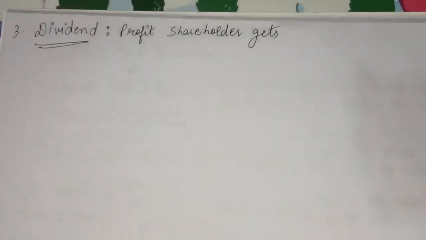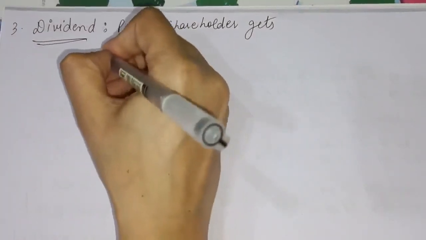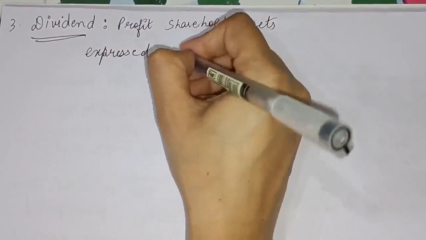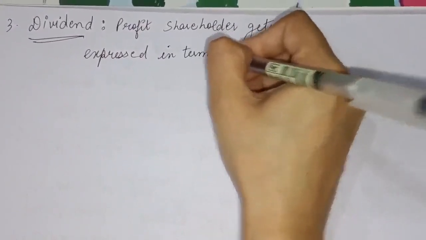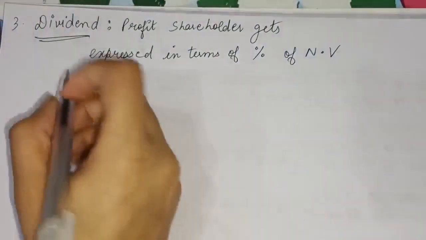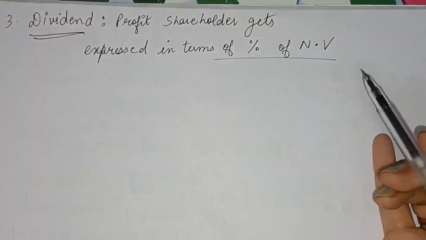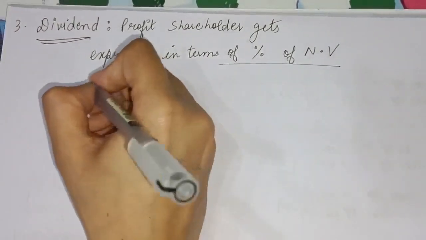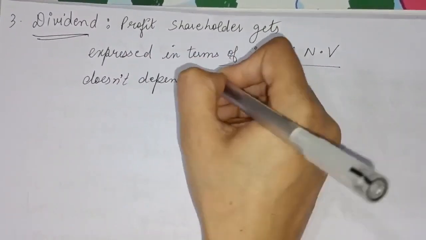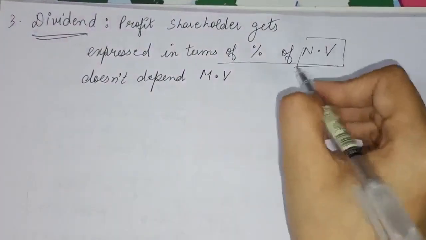So dividend is a profit and it is always expressed in terms of percentage of nominal value. Also dividend does not depend on market value. That means dividend only depends on nominal value.